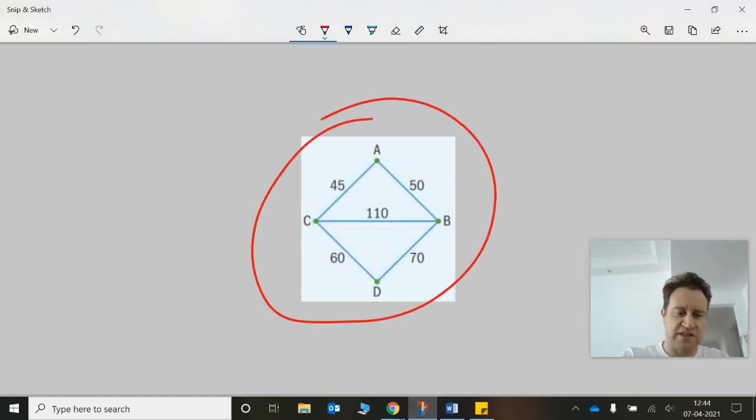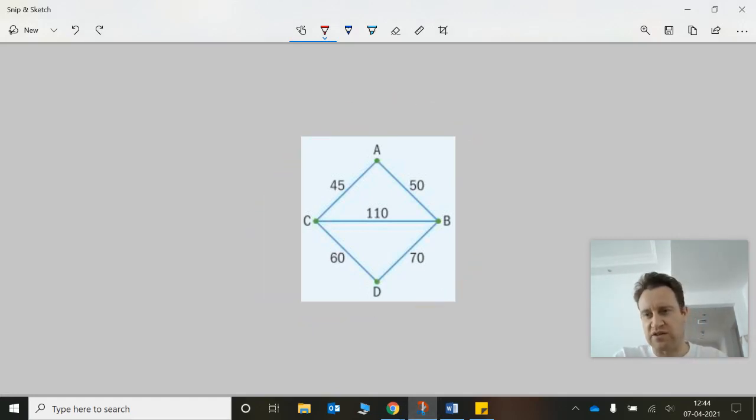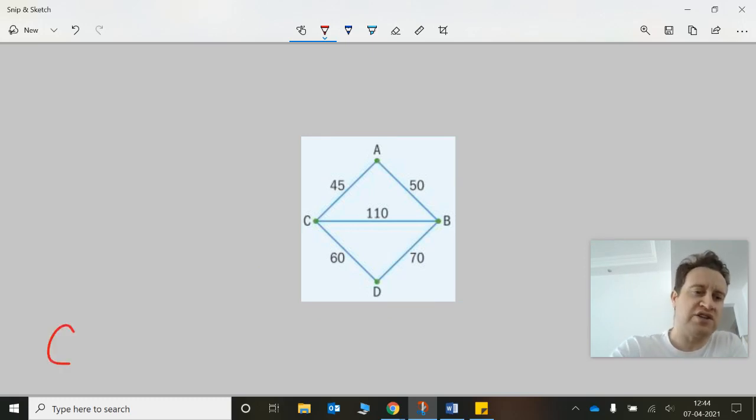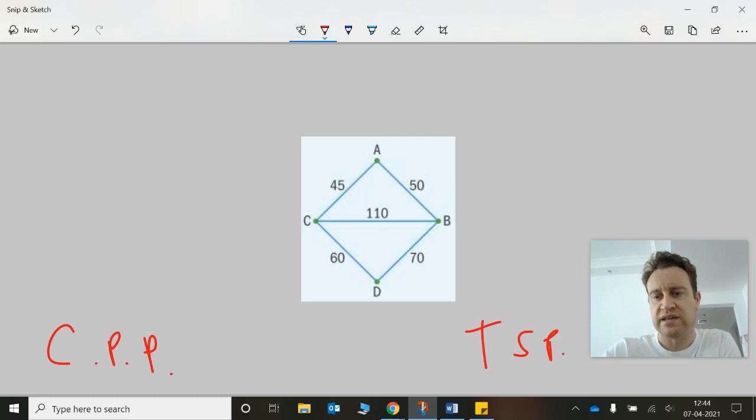Here's the first example. The first example starts by asking us to make a complete graph for this network here, and we'll talk about that in a second. But just before we do that, of course, we've done the Chinese postman problem beforehand, and now we're doing the traveling salesman problem. And the Chinese postman problem was about visiting all of the edges.